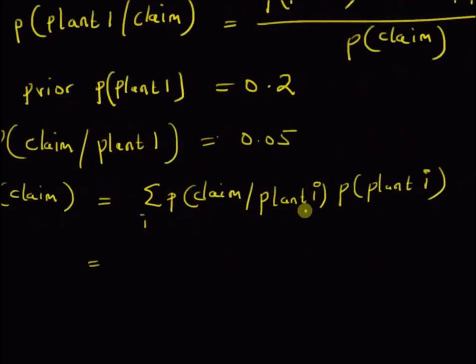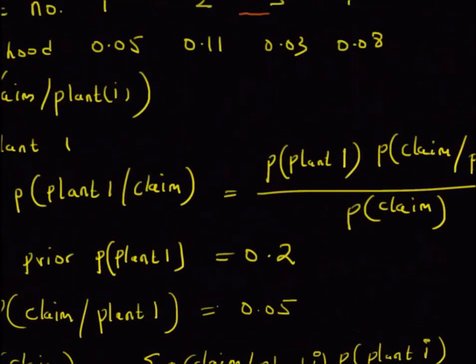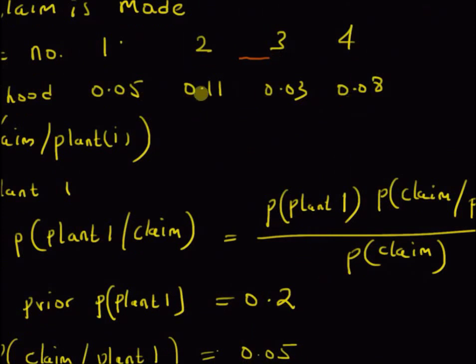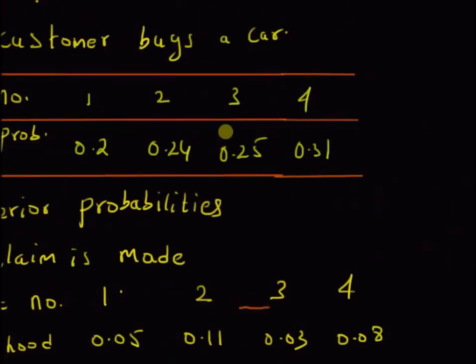And this sum of the products can be easily calculated because we know all the information we need for this sum, which is basically the products of the values from this table with the priors from this table.